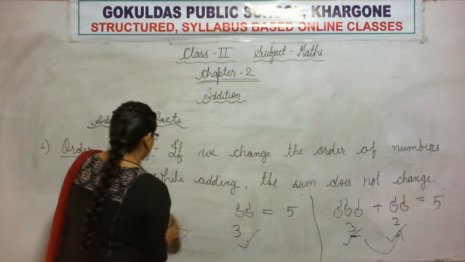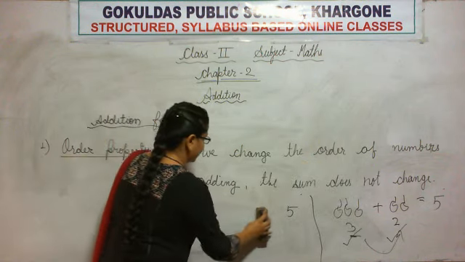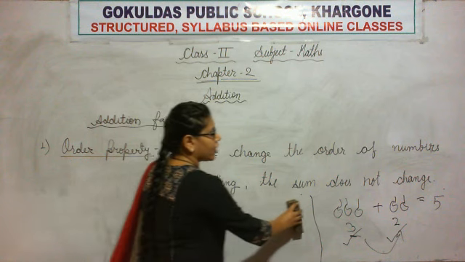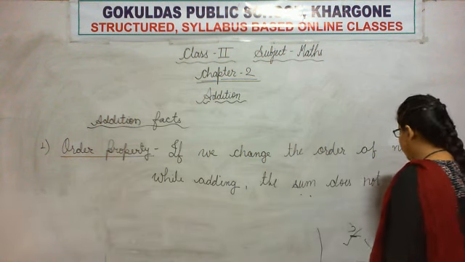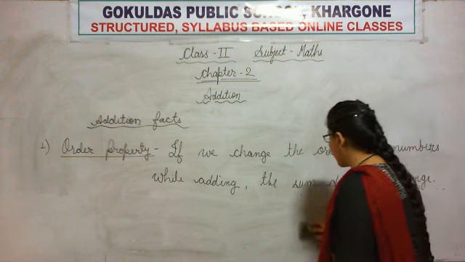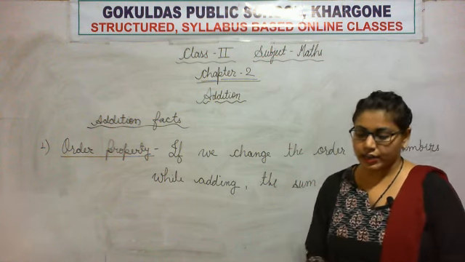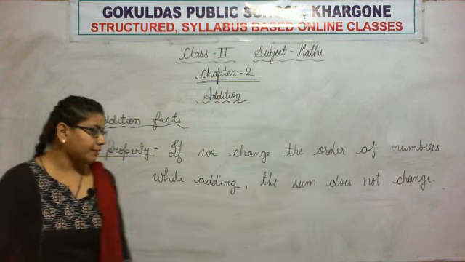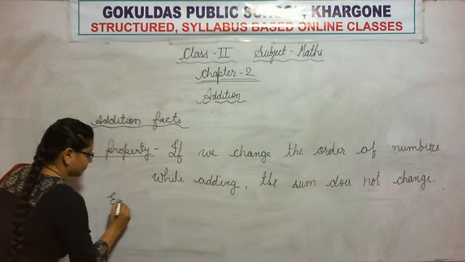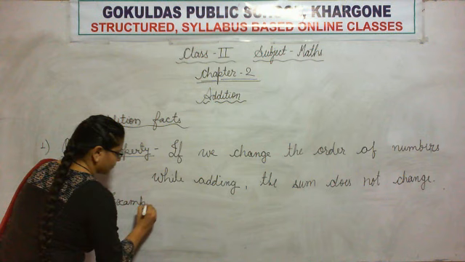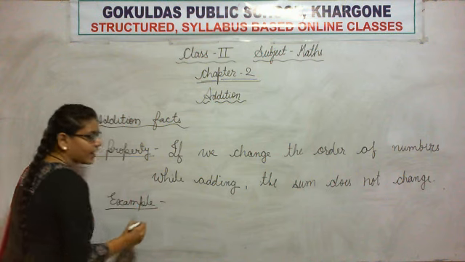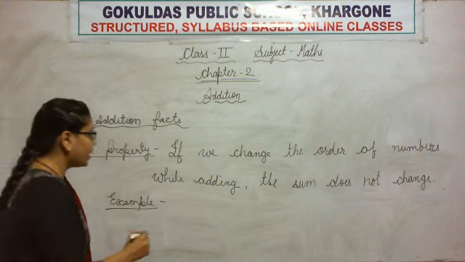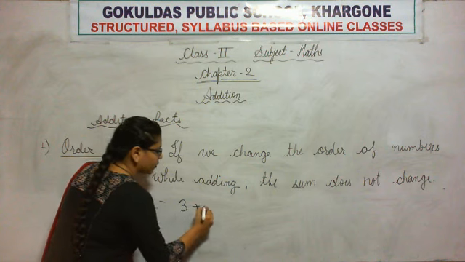So, the order property states that if we change the order of the numbers, the answer, sum or total does not change. So, let's write an example. We can write the same example which we took here of 3 and 2.